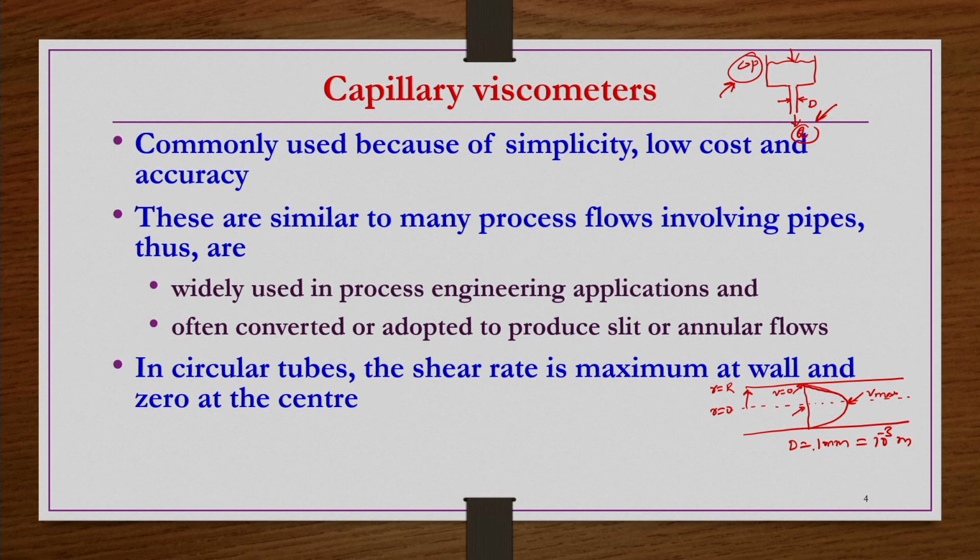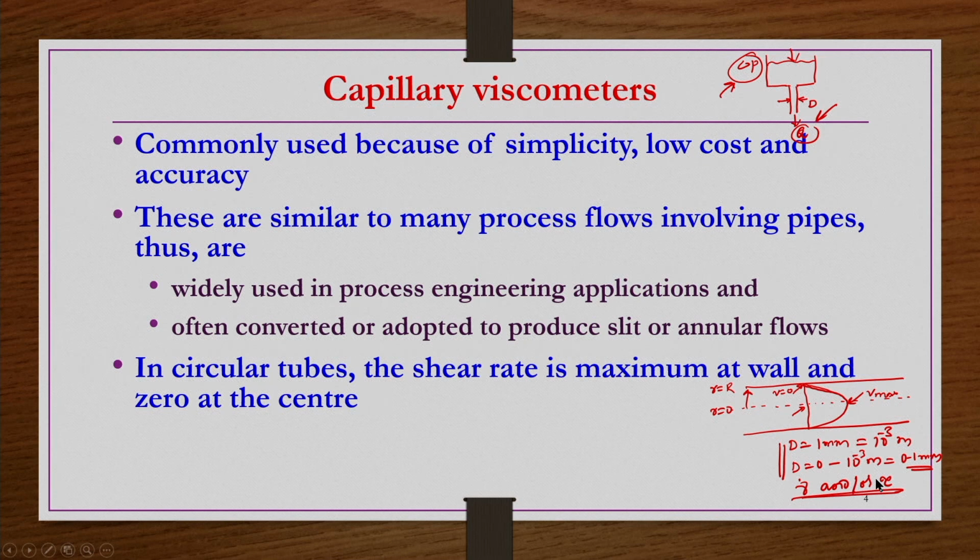So, if the variation is from 0 to 10 power minus 3 meters, or 0 to 1 mm, such a small variation is not going to affect much the values of shear rate and shear stress.